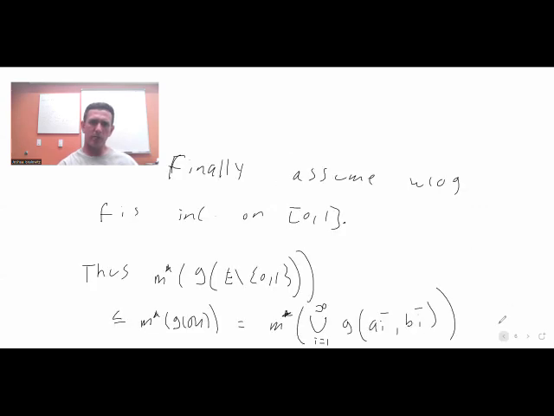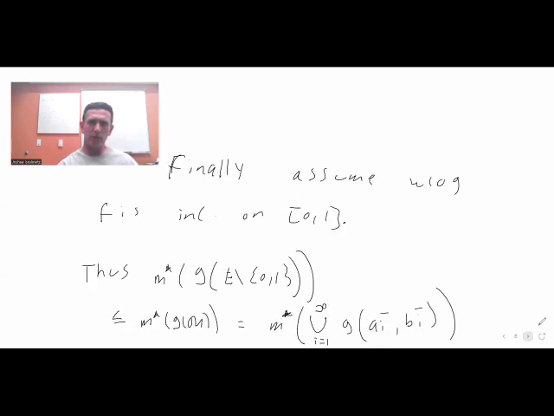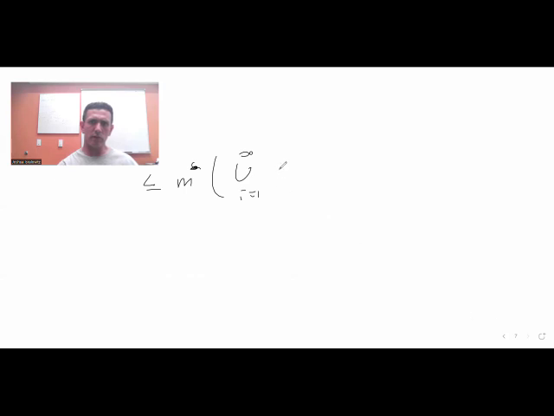We need to do one last little itty bitty thing here. This is going to be a subset of G of the closed interval. That's kind of trivial. So it's less than or equal to the outer measure of the union of G of closed [a_i prime, b_i prime].